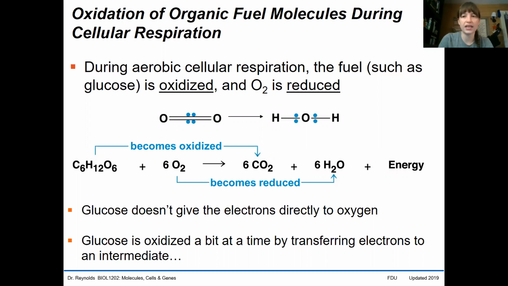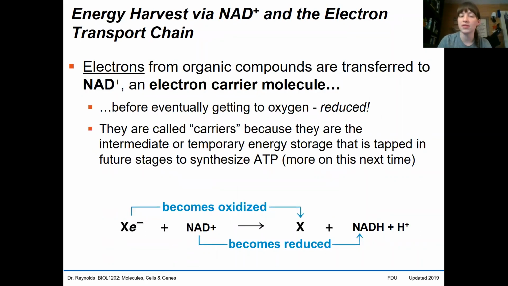We're going to be tracking electrons over a large series of processes, because we're going to systematically be pulling that energy out, which is the final product of this reaction. Glucose is instead going to be oxidized a bit at a time, transferring a pair of electrons at a time via intermediates.